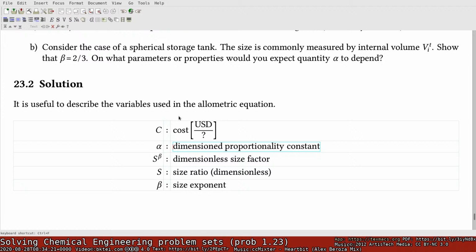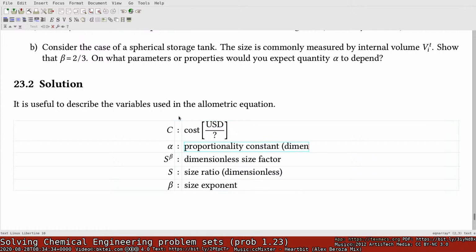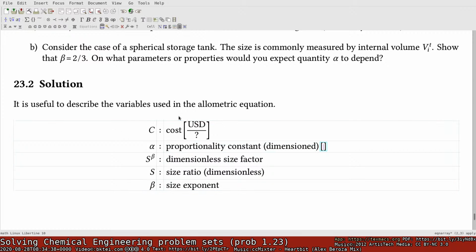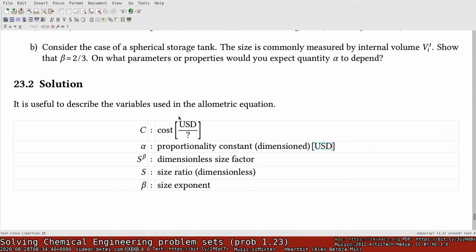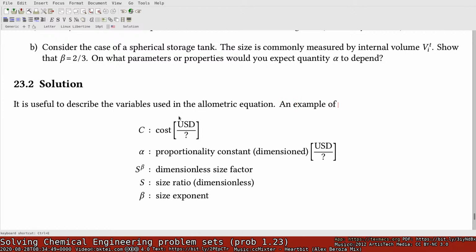So this is just a proportionality constant, and that is what carries the dimensions: USD or whatever. Let's see.